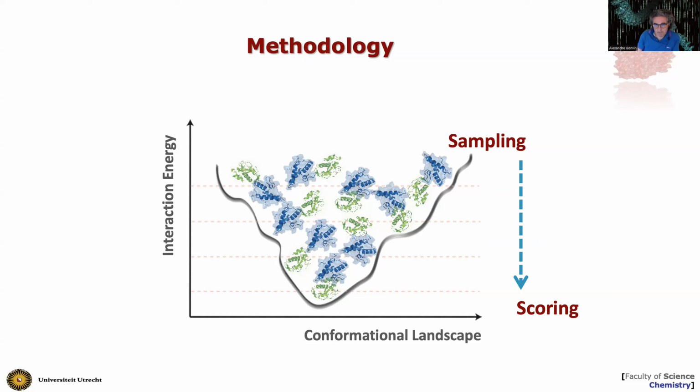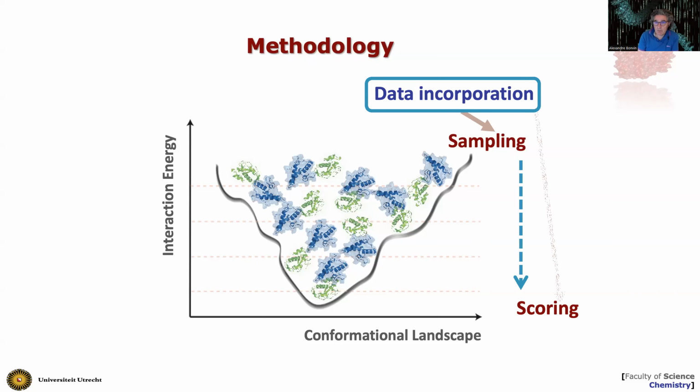Now, you can do this exercise purely ab initio, so not using experimental data. But if you have data that are coming from experiments, or maybe from bioinformatics analysis, you can decide to use the data in several ways.